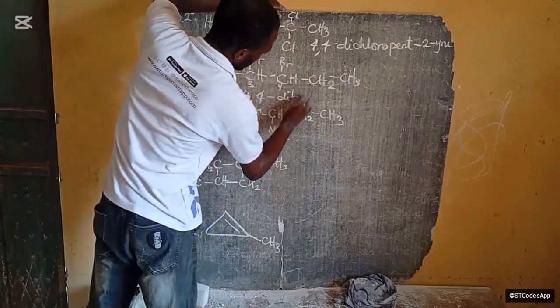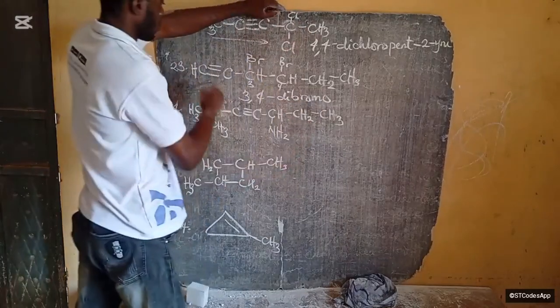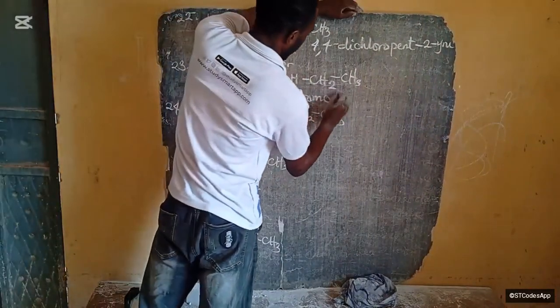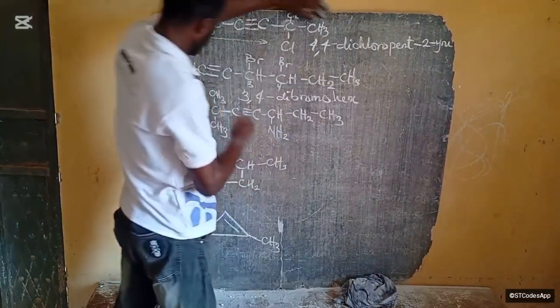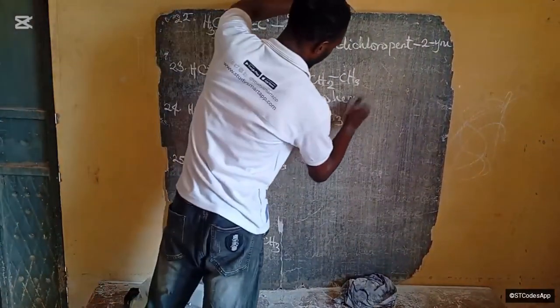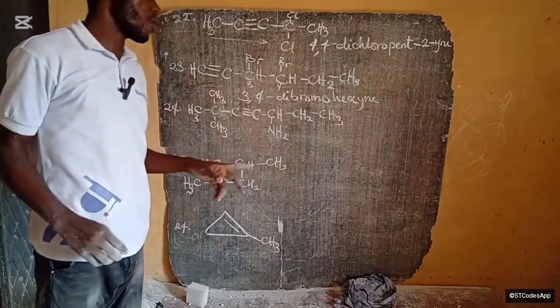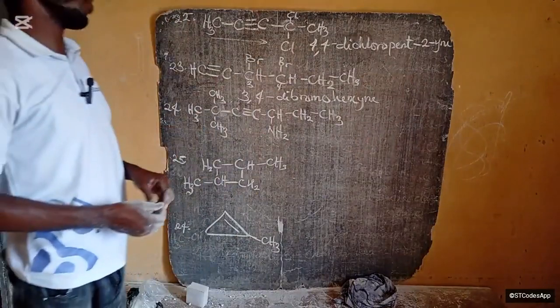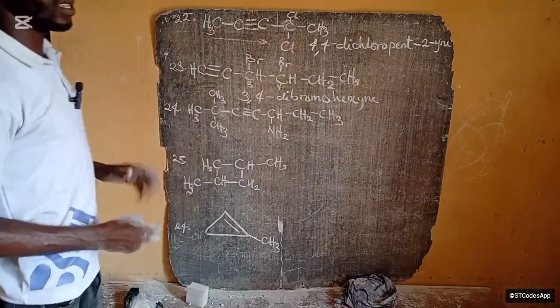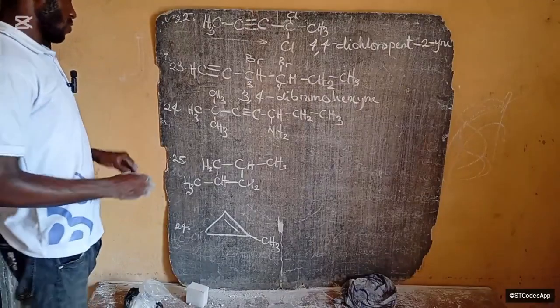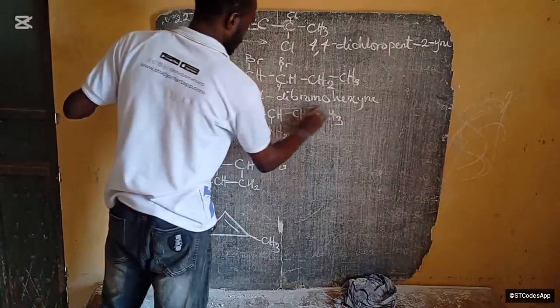Being the same, we have dibromo 1, 2, 3, 4, 5, 6 hexyne, because it's on carbon 1, so we just write hexyne or hex-1-yne. Some people use 1, some people still add the 1, but it's not compulsory. Okay, so we have this guy.